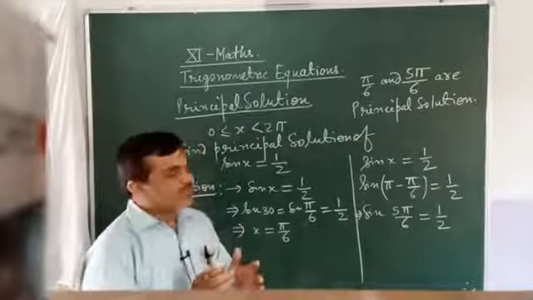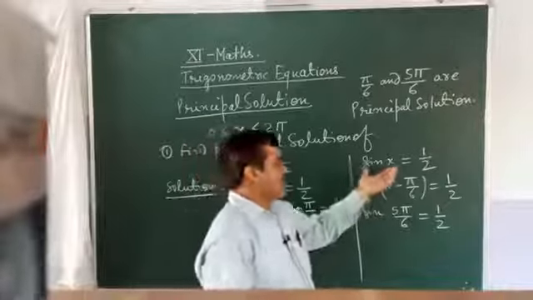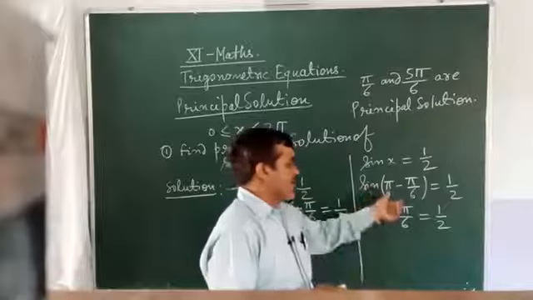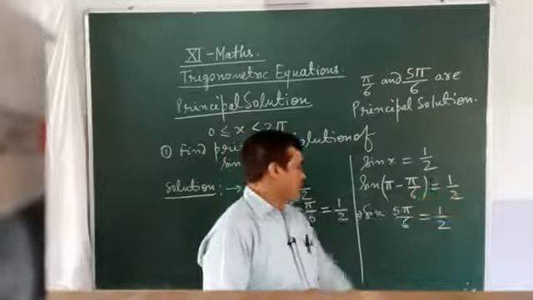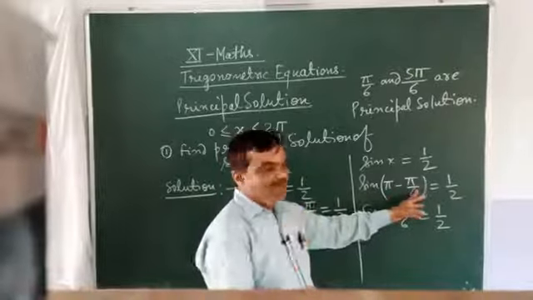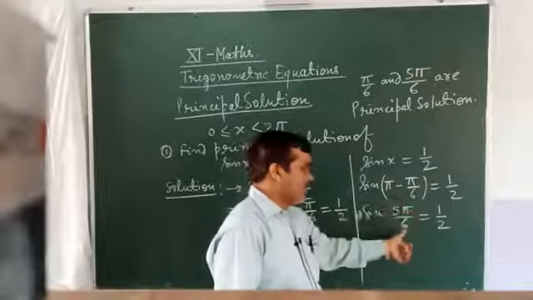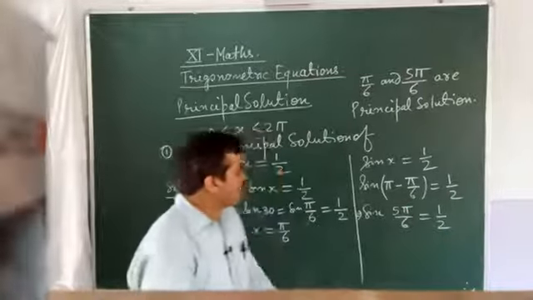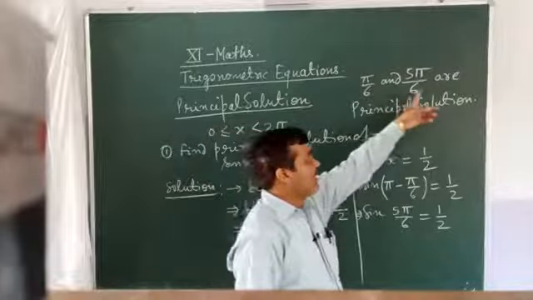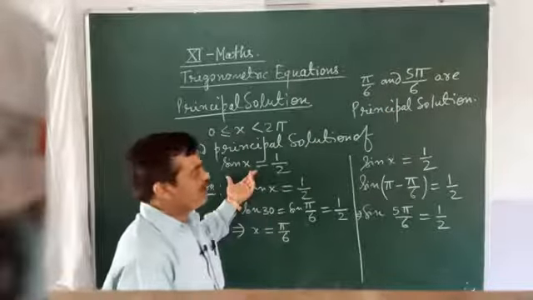Because sin is positive in the second quadrant also, sin of pi minus pi by 6 is also 1 by 2. Therefore, sin pi minus theta, on solving, we get sin 5 pi by 6 equal to 1 by 2. Therefore we have two values, pi by 6 and 5 pi by 6, as the principal solutions of the given equation.